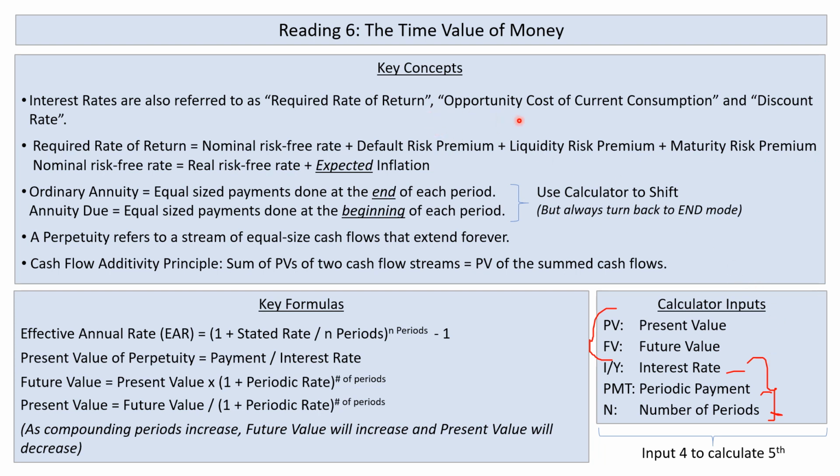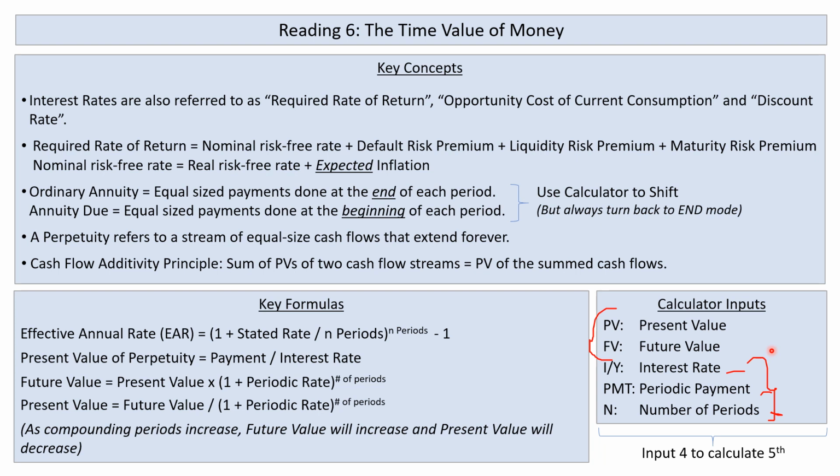So opportunity cost of current consumption simply means that instead of consuming and spending that $100 today, you would invest it. Instead of investing it, you could be spending it. So how much would you gain from investing this $100 today? It's your opportunity cost of current consumption. Always bear this in mind.